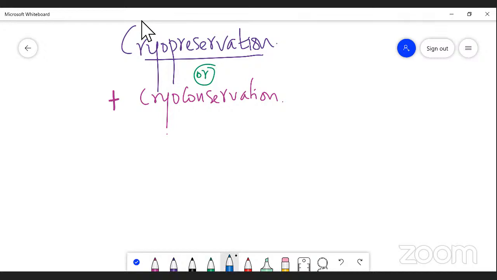What is the temperature that we are using here? Simply minus 196 degrees Celsius. What are protected?